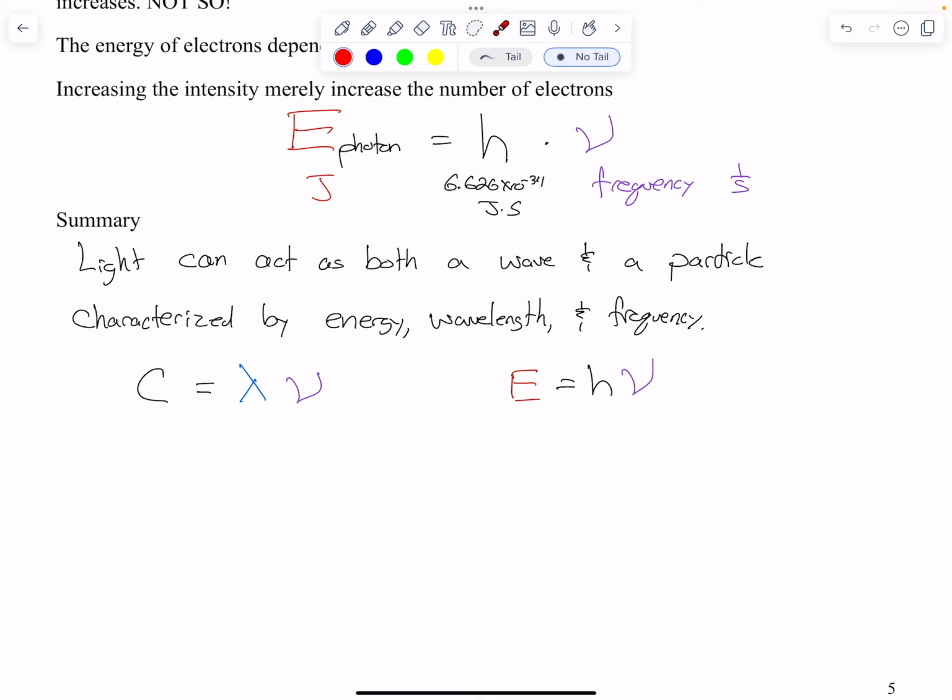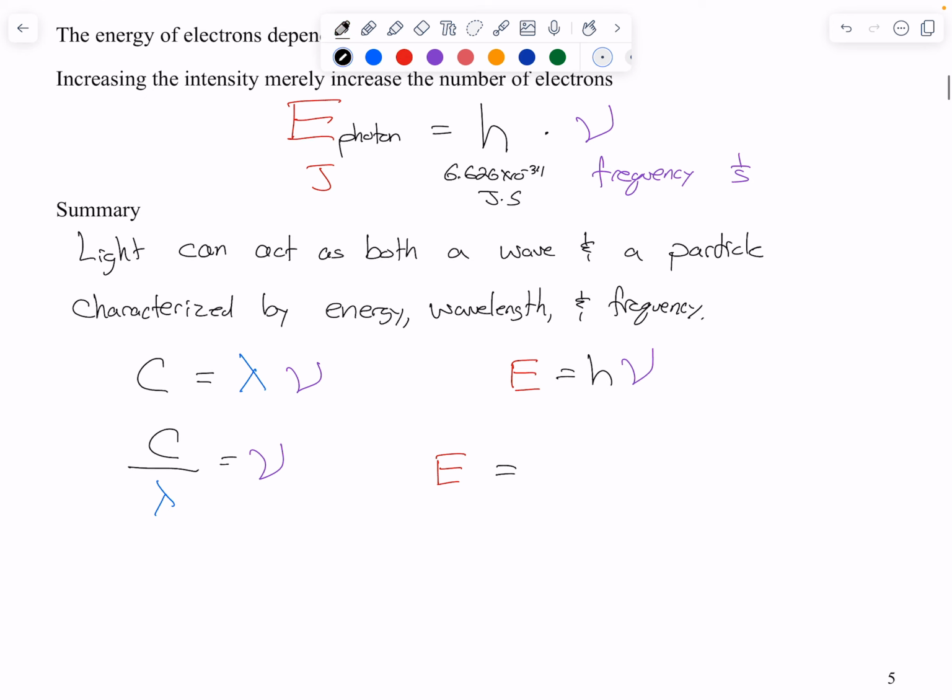If I rearrange, the speed of light divided by the wavelength equals the frequency, I can plug this in for nu in the other equation, which would give me energy equals Planck's constant times the speed of light over wavelength.